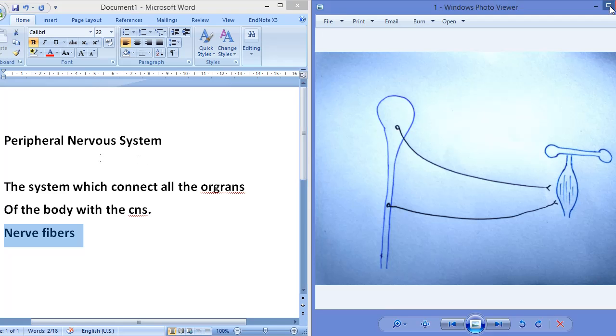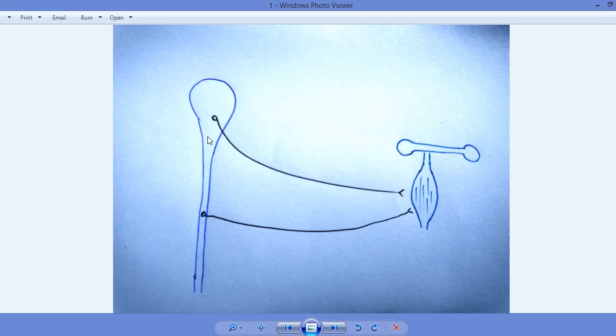For example, in this diagram you can see this is the brain, this is the spinal cord, and this brain and spinal cord is connected with a muscle. This is a muscle, and this muscle is connected with a bone. So this is an organ. Let's suppose this is an organ, and the muscle of this organ is connected with the brain.